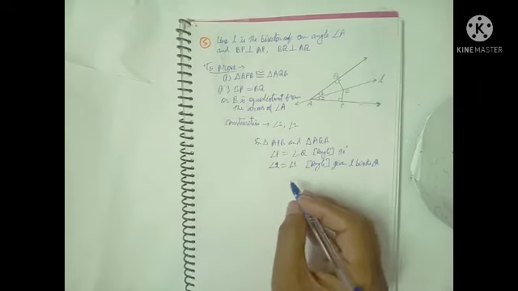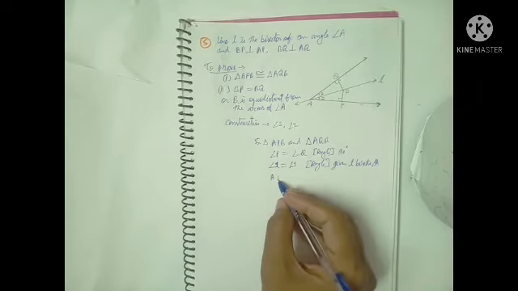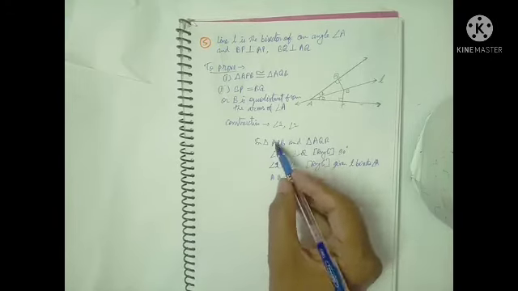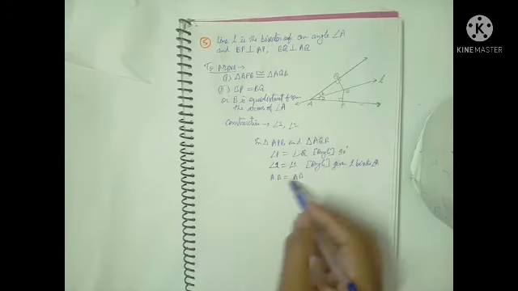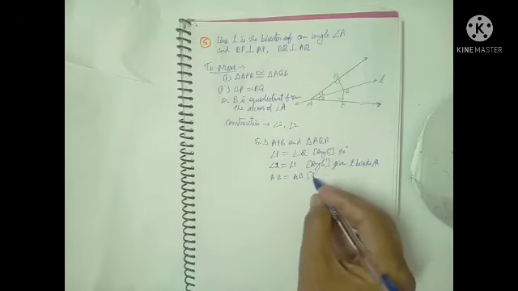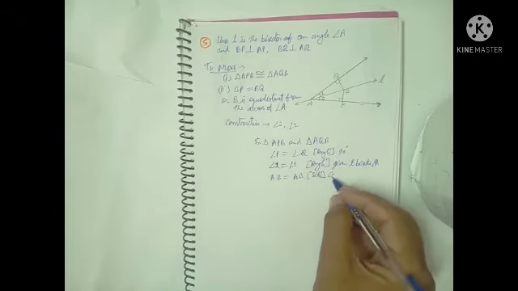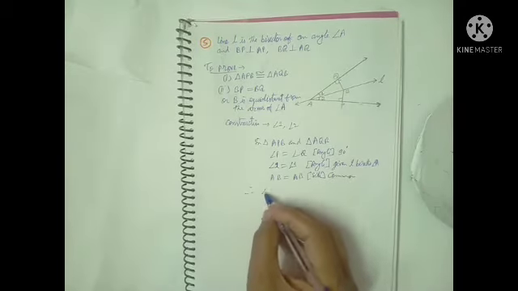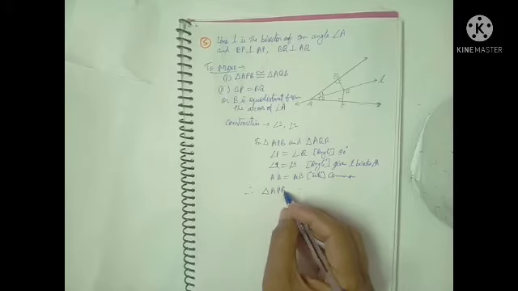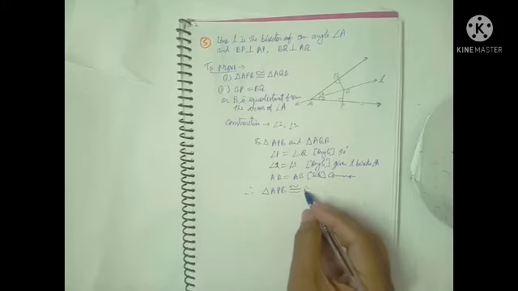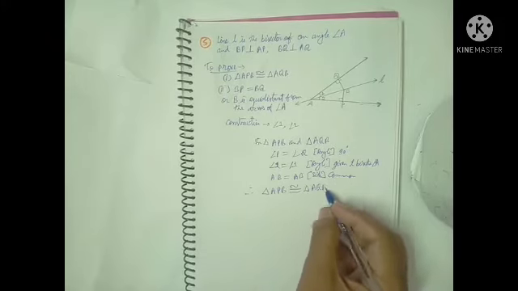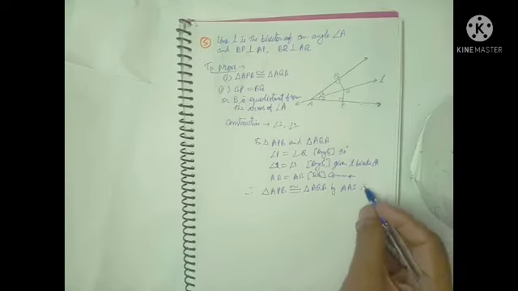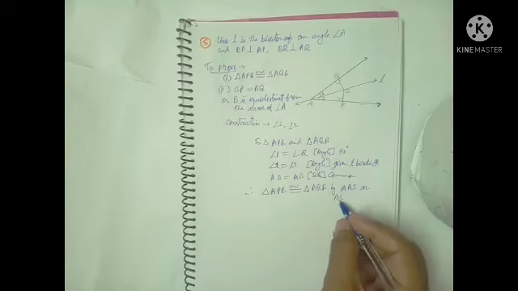And then AB is equal to AB. See, in this triangle AB and in this triangle also AB. AB what? Common. This is a side. And what is the reason? Common, because it is common. Therefore, you can say triangle APB congruent to triangle AQB by AAS or ASA.